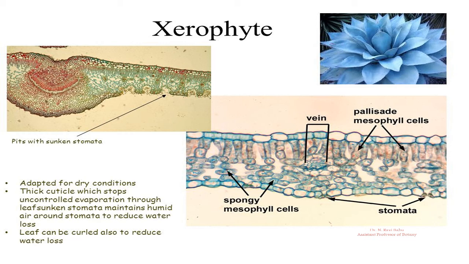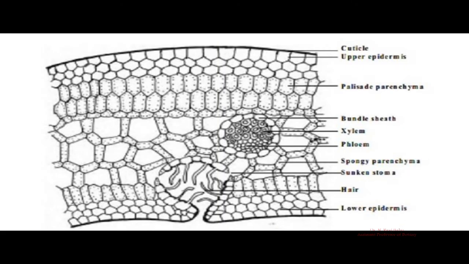In succulents, the stem possesses a water storage region. Friends, here I am giving a beautiful illustration of the transverse section of a Nerium leaf, so that you can find all these parts which I have dealt with: the thick cuticle, the multi-layered epidermis, the palisade parenchyma, and of course the sponge parenchyma.